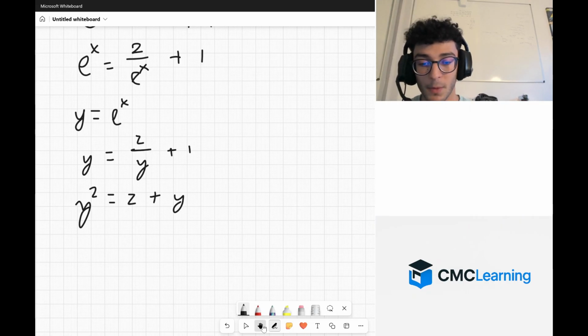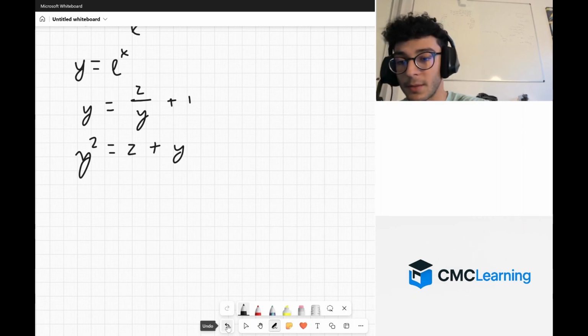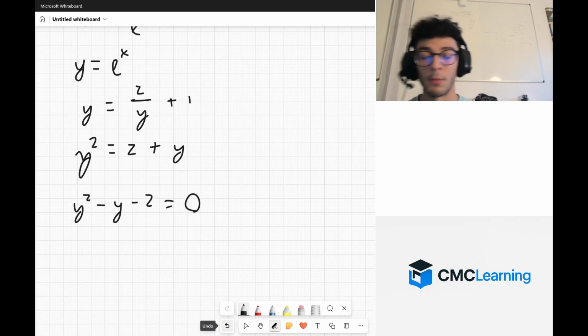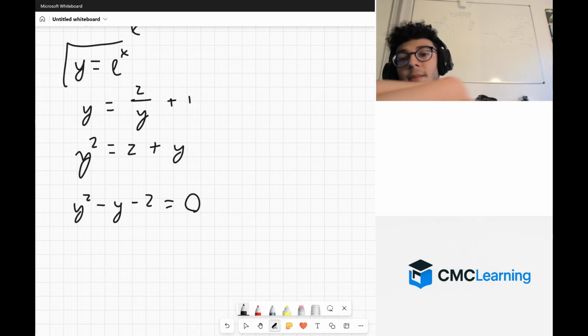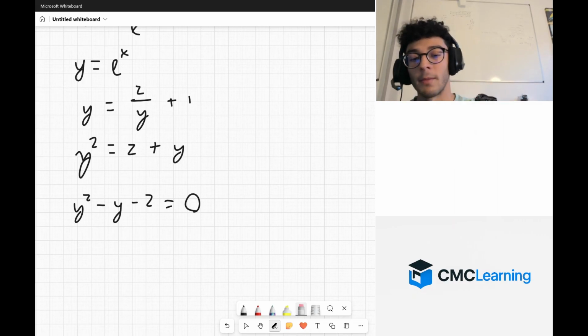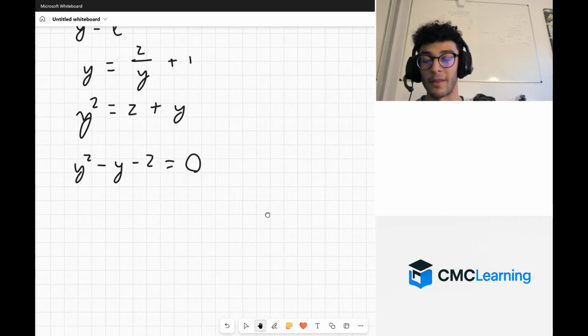So what we should end up with in our expression is y squared minus y minus 2 is equal to 0. And keep in mind, all of this is with the substitution of e to the x as y.